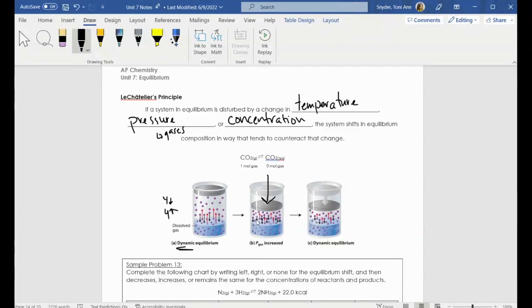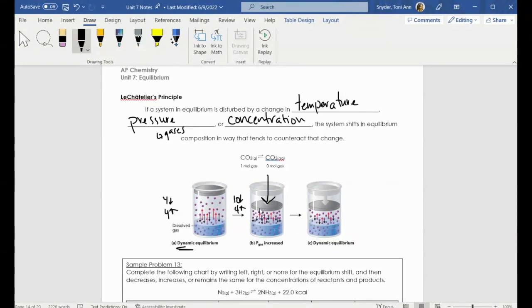So it looks like I have 1, 2, 3, 4, 5, 6, 7, 8, 9, 10 going down, and I have 1, 2, 3, 4 arrows facing up. So I'm not at equilibrium once I apply this stress because I have more going in one direction, right?